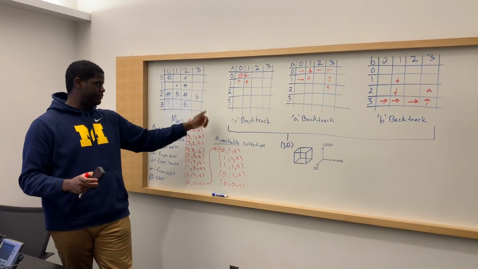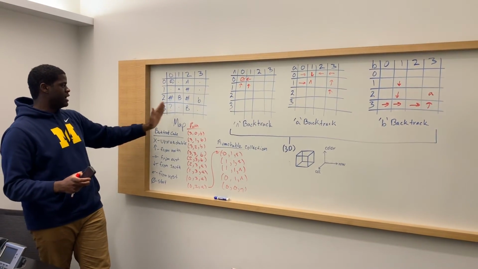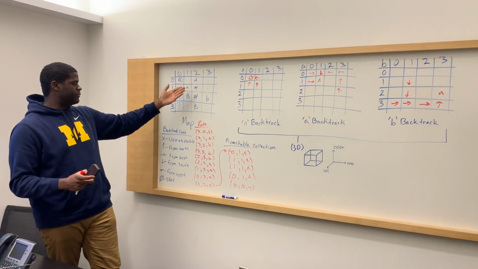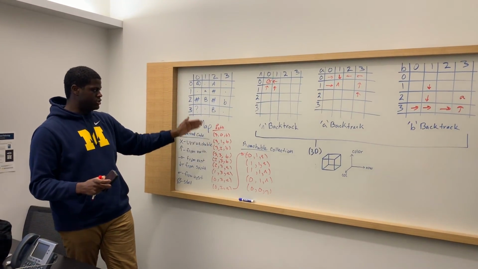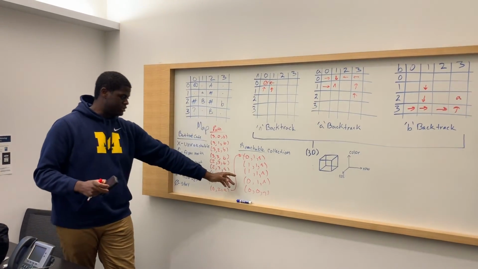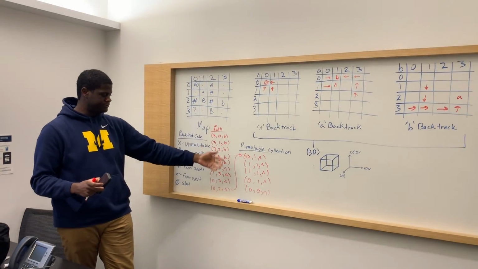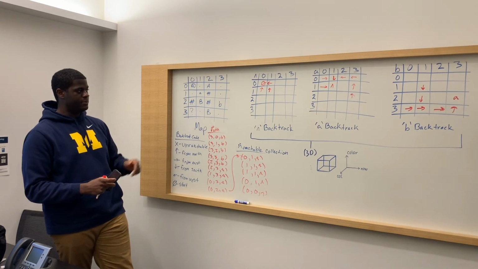Or you could write logic to print this map. Again, it's a little bit more tricky to print this map in the order that you need to essentially copy and paste the path from here onto this map.